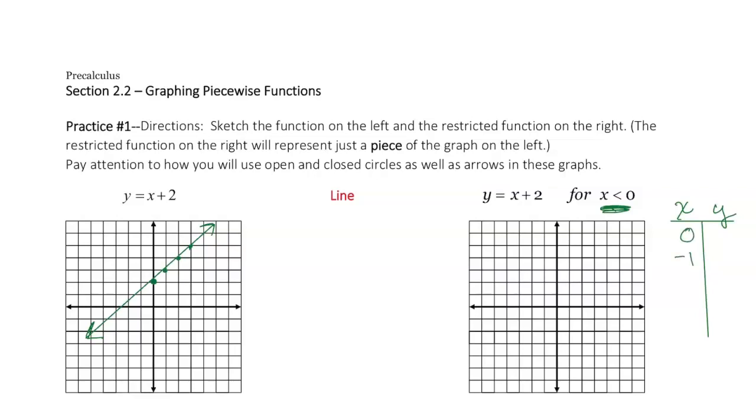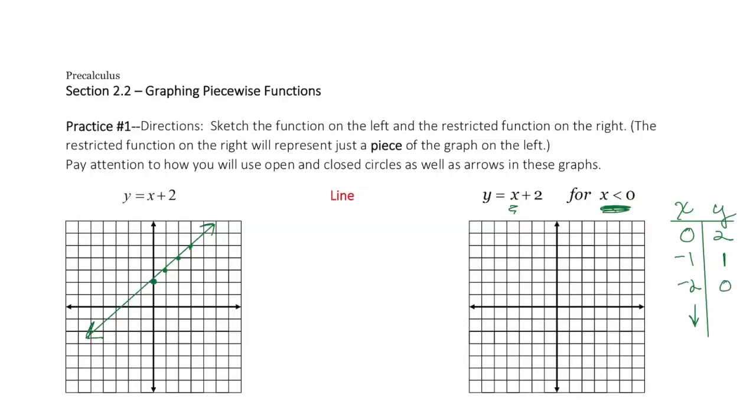And then you would say -1, -2, and I'm going to indicate that I'm going to go on forever and ever in that direction of getting less than 0. So if x is 0, I plug it in over here, so my y is 2. If x is -1, my y is 1. If x is -2, my y is 0.